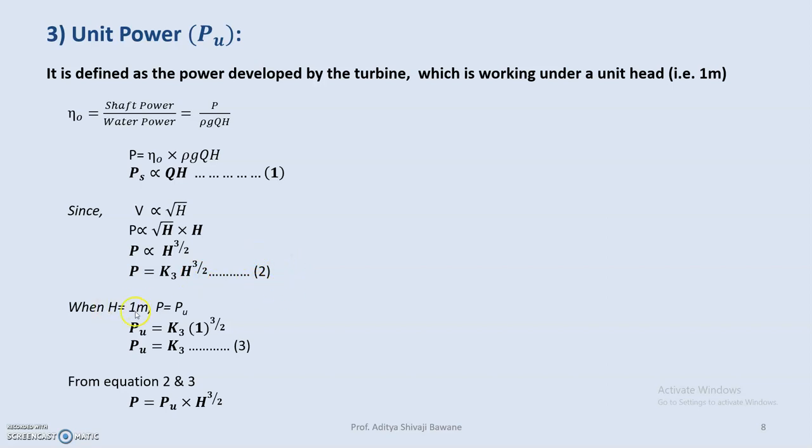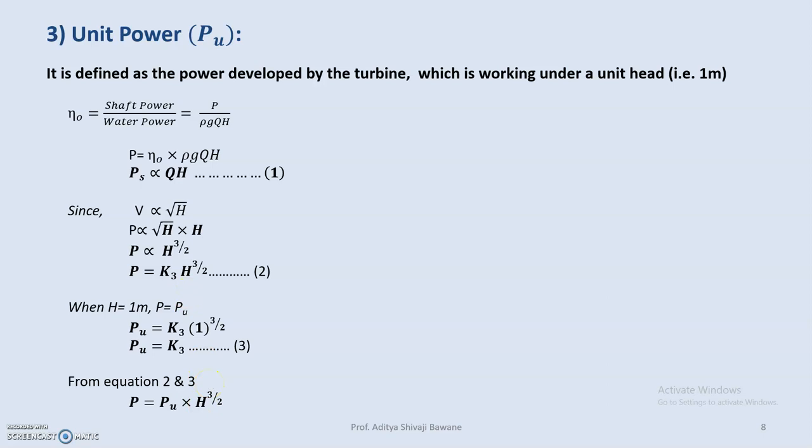When H equal to 1 meter, P equal to Pu. Whenever the head becomes unit head, power becomes unit power. So Pu equal to K3. Substituting, P equal to Pu into H raised to 3 by 2.